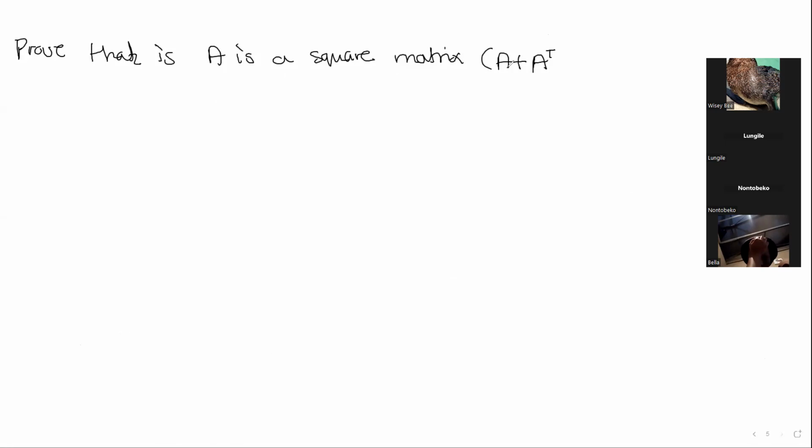Prove that A minus AT. Oh, it should be easy, right?